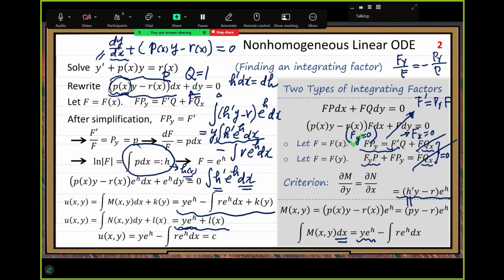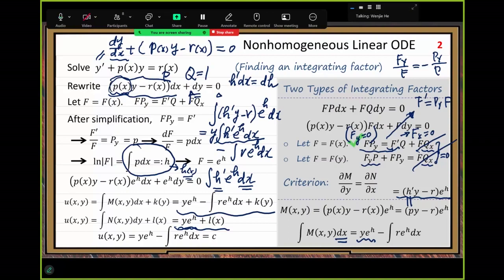After this step, although this is already the solution, you can see this solution is relatively easy. So we can further write y equals a form, because you only have one term that contains y, right?